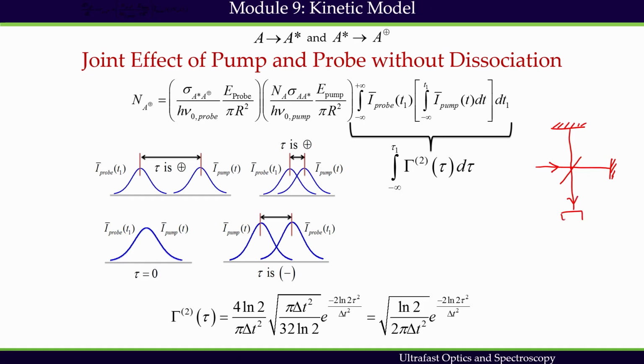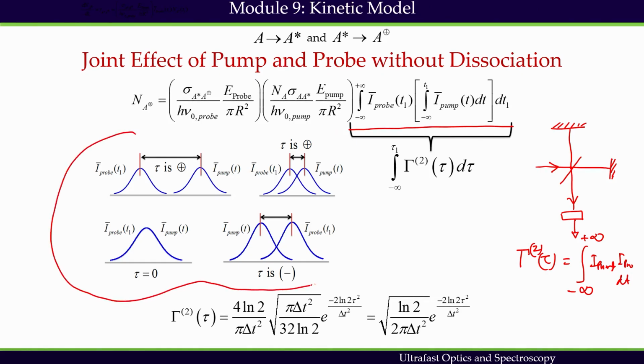So, it was intensity autocorrelation, that is why SHG crystal was used, and finally, this autocorrelation signal, second order autocorrelation was written as a function of tau, which is nothing but minus infinity to plus infinity I pump I probe dt, and that is exactly what we are seeing. So, this expression can be written as an autocorrelation function, and in these figures we have expressed the meaning of tau.